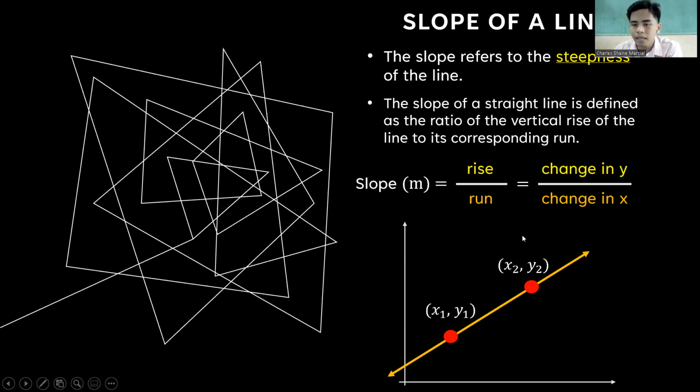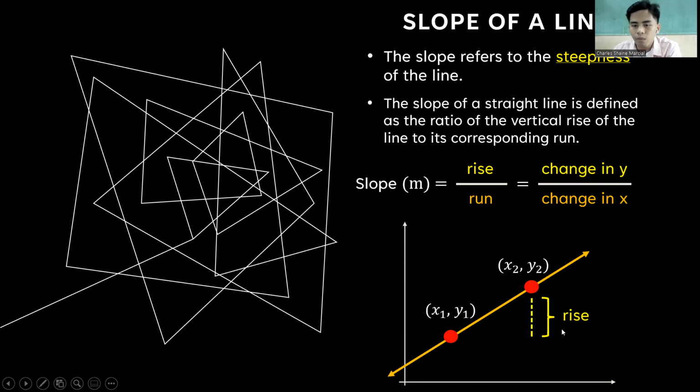Now, pag sinabi nating change in y or yung rise, okay? So we have itong parallel sa vertical line natin or sa y-axis. Kaya nga sinabing change in y. So, yung rise natin is parallel sa y-axis natin. Okay?